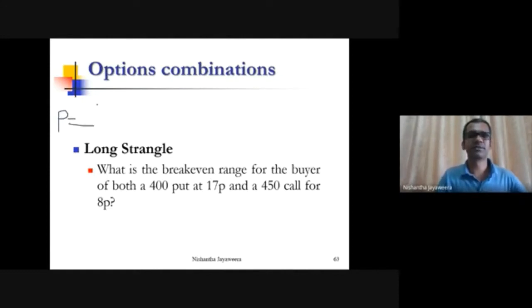17 plus 8. So total premium would be 25.